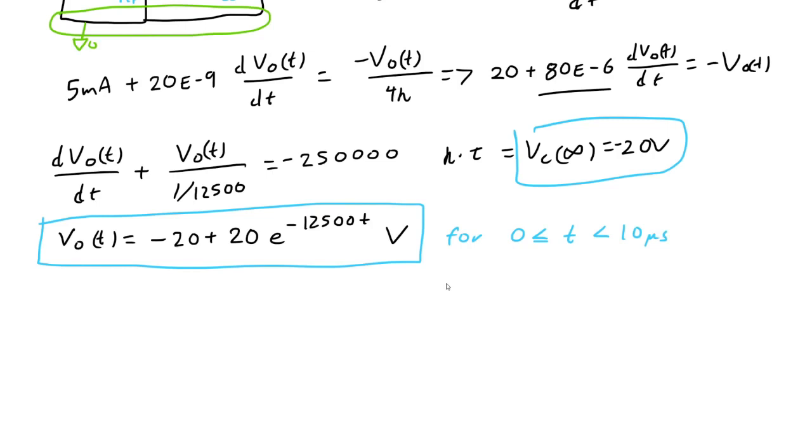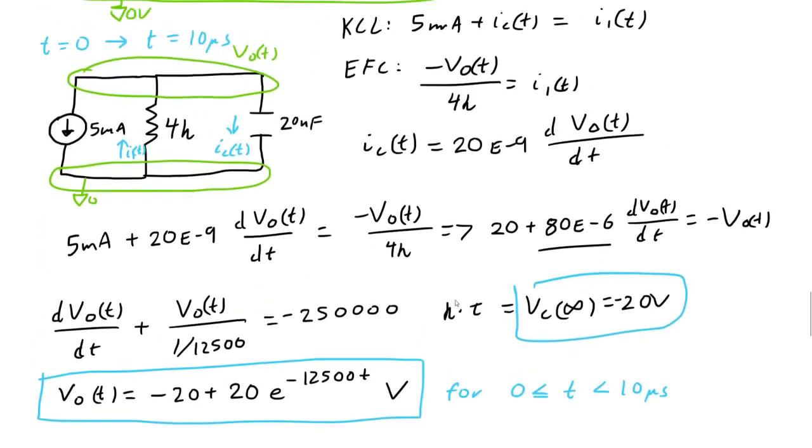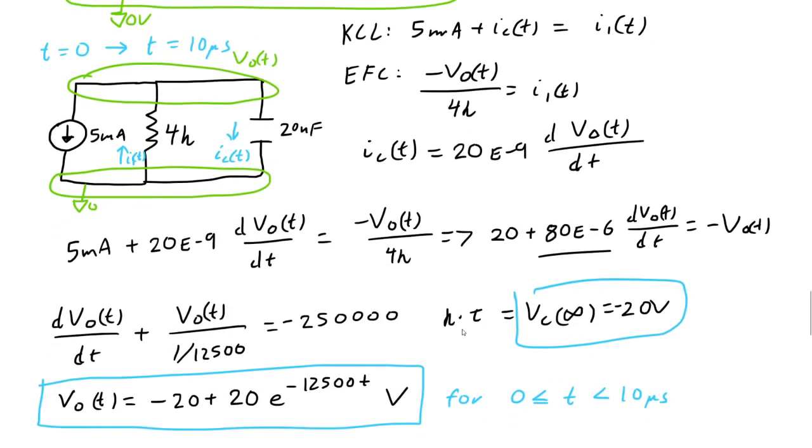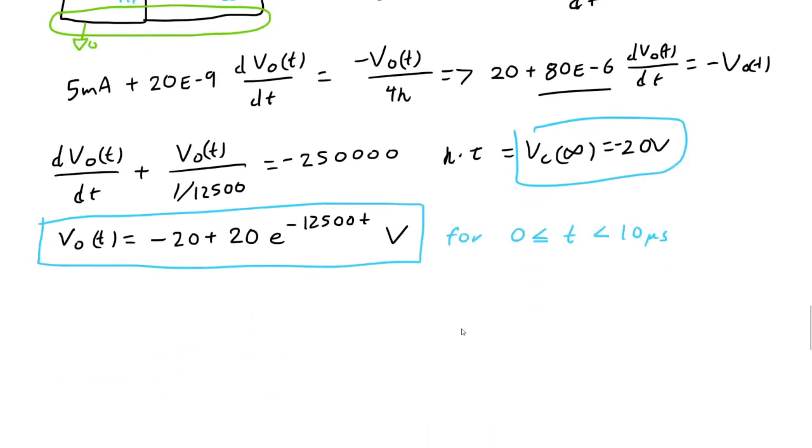Now, as I mentioned before, 10 microseconds right here is not a long time. And the time constant for the circuit is 80 microseconds. So it takes about 5 time constants for a circuit to reach the steady state. 5 time constants here would be 400 microseconds.